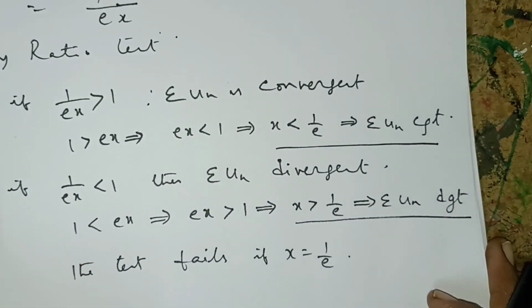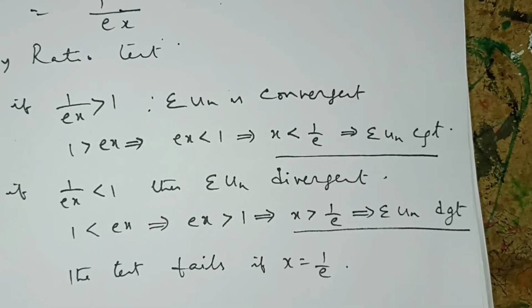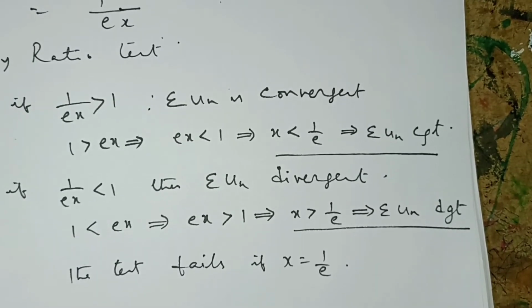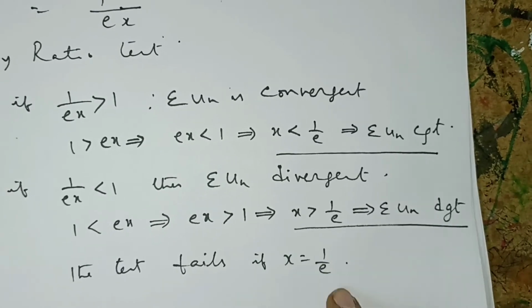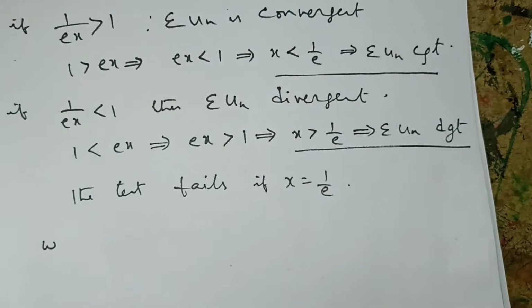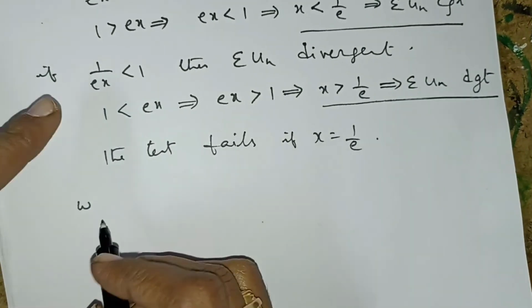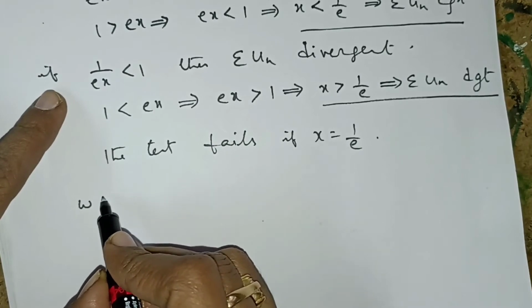We have got some type of conclusions here itself. When x is less than 1 by e, it is convergent. When x is greater than 1 by e, it is divergent. But when x is equal to 1 by e, the test fails. That means we don't know what the conclusion is. What will happen when x is equal to 1 by e, we have to find. That means we are doing further investigation.